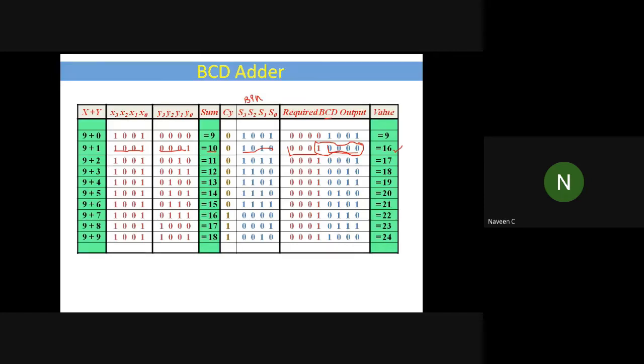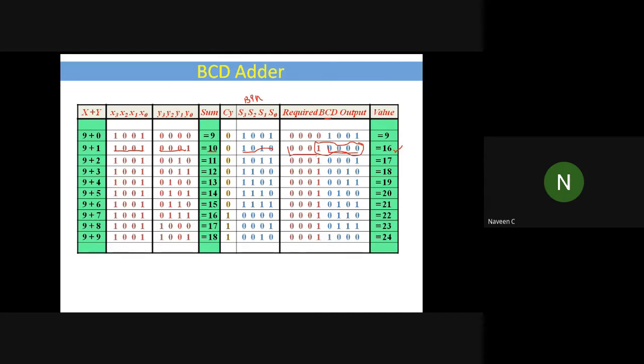Similarly, you see here it is 9 plus 2. 9 plus 2 is 11. 11 is nothing but 1011 according to the binary number. But the same 11 you need to represent as 1 1. 1 is 0001 and 1 is 0001.